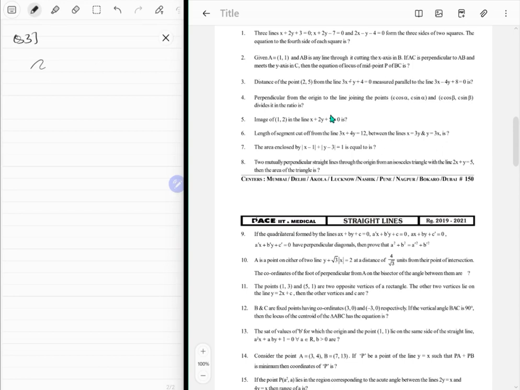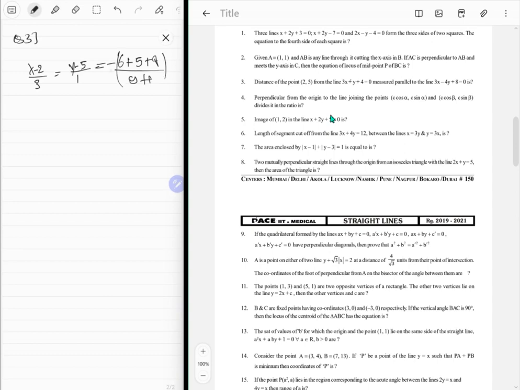So x minus 2 upon 3 equal to y minus 5 upon 1 equal to, okay, 2 times 3, that's 6 plus 5 plus 4, upon a square plus b square, which is 9 plus 1, but negative, everything's just negative.